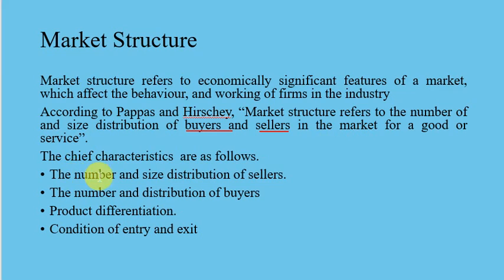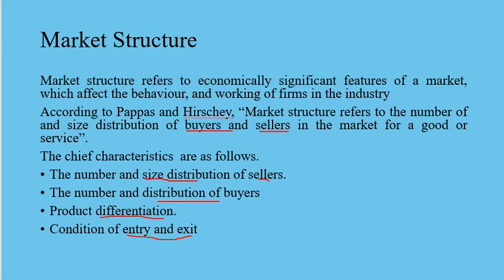The important characteristics are the number and size distribution of the sellers and the number and distribution of the buyers, whether there exists product differentiation or not, and what the condition of entry and exit of firms in that industry is. These are the very important characteristics we can see in the market structure.